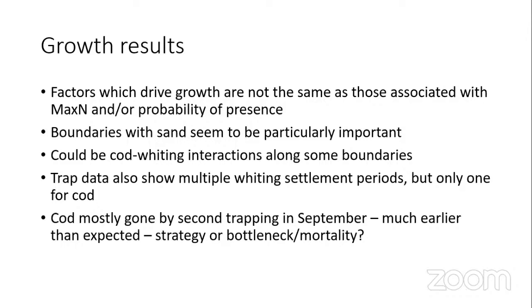And what was quite surprising with this is that the cod had mostly disappeared by the time of the second trapping in September, which is much earlier than expected. Although they can be very variable in terms of how long cod stay around in nursery areas, for them to have basically disappeared by September was really surprising. So the question is really, is this a strategy, or is it evidence of a bottleneck leading to higher mortality?